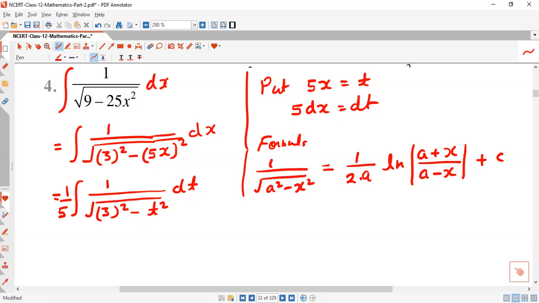No, not this. This is not the formula. We are making the wrong formula. The right formula is not that. So the right formula is 1 upon root of a square minus x square.